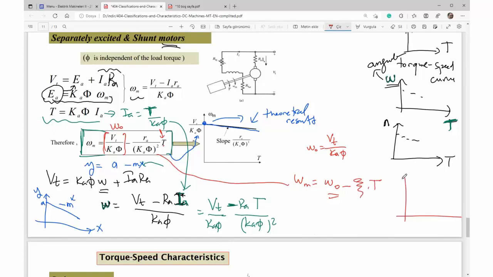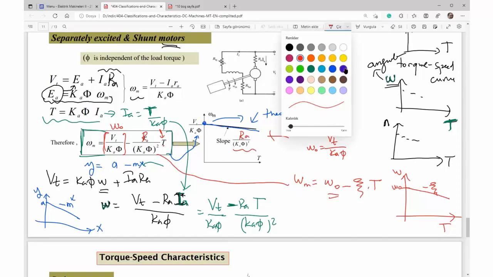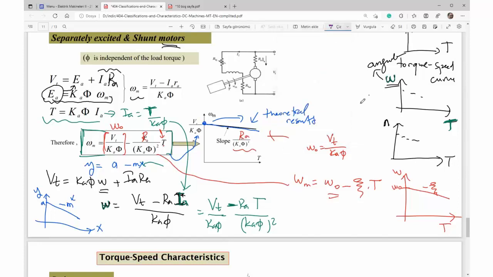So speed starts from an initial value and drops linearly. That is the slope of the curve. Here's the torque. It looks like this. Slope is given here. That is Ra, resistance of armature. Now, here are two different machines, for example. One has got an increase in resistance.